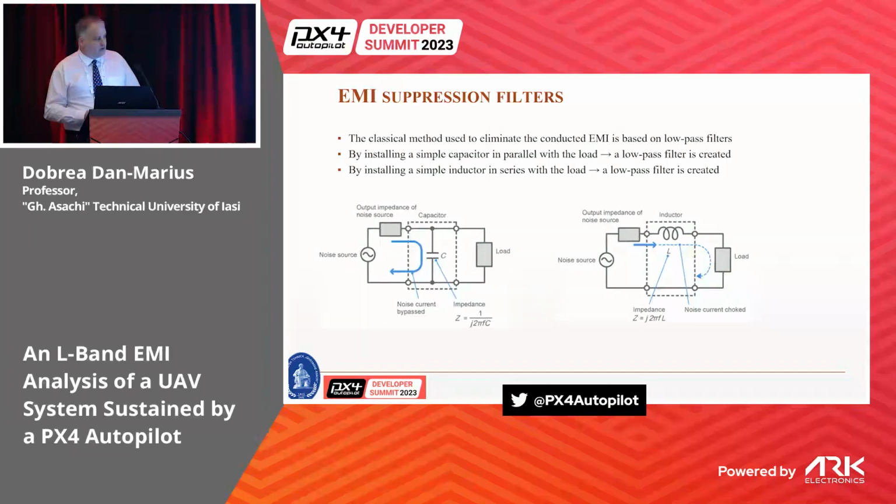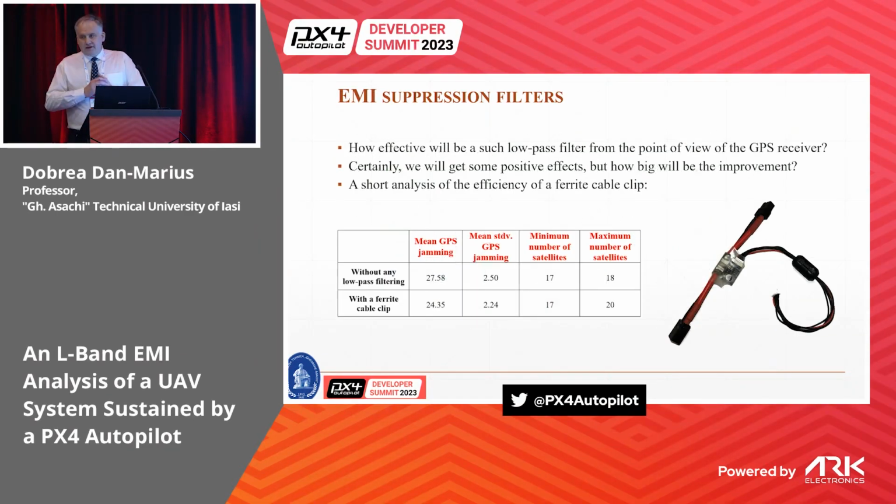Or you can use an inductor. But here you have some problems, mainly because it's very hard to understand the efficiency of this kind of approach related to your GPS system, and mainly related to the GPS indicator.